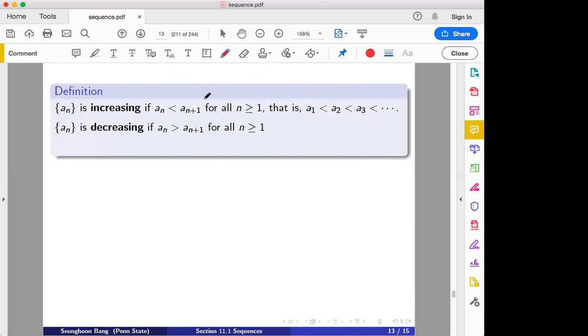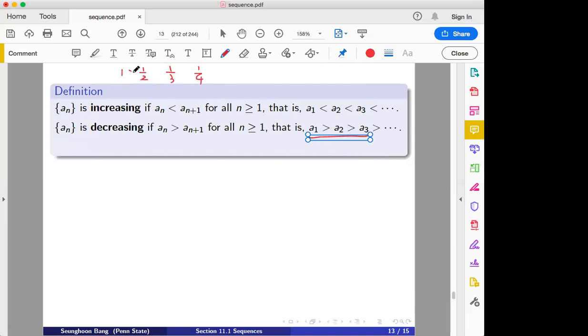Decreasing is the opposite direction. So a_n is greater than or equal to a_{n+1} for all n. We have it like this: a_1 is greater than a_2, greater than a_3, or something like that. Here, 1, 1 over 2, 1 over 3, 1 over 4.